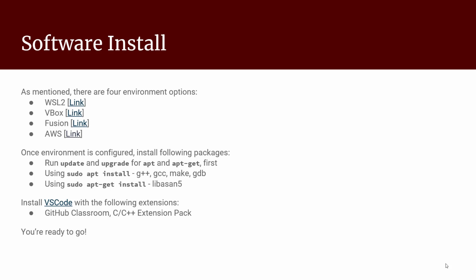If you're using VS Code, we recommend installing GitHub Classroom and the C++ extension pack. GitHub Classroom makes it easier to accept, clone, and push your assignments, and the C++ extension makes IntelliSense. It looks nicer.